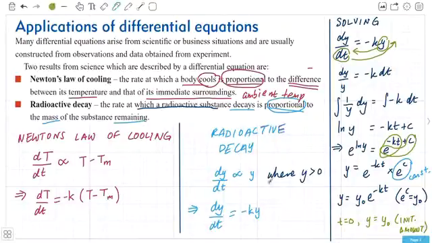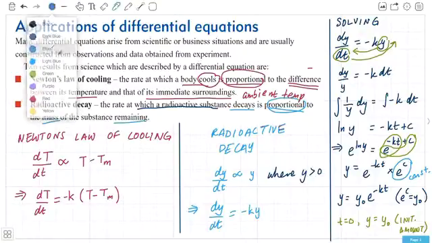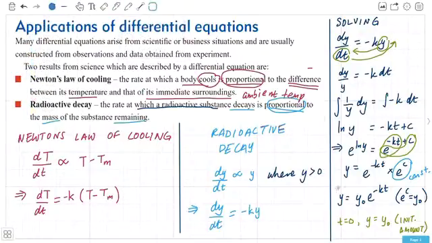So the solution for this particular radioactive decay problem is this solution here. Y equals the initial amount y0 times e to the negative kt.